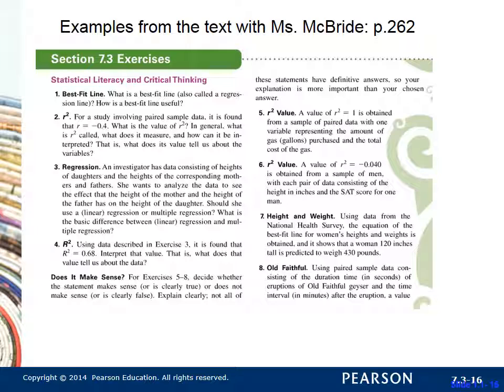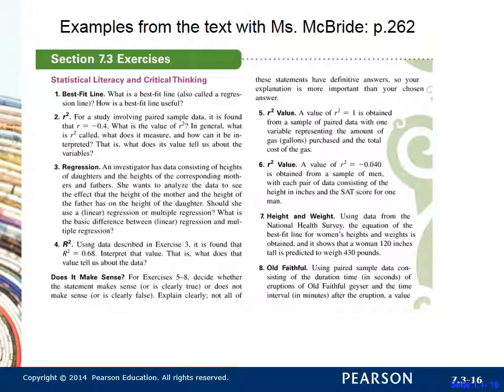Number 7, height and weight. Using data from the National Health Survey, the equation of the best fit line for women's heights and weights is obtained. And it shows that a woman 120 inches tall is predicted to weigh 430 pounds.